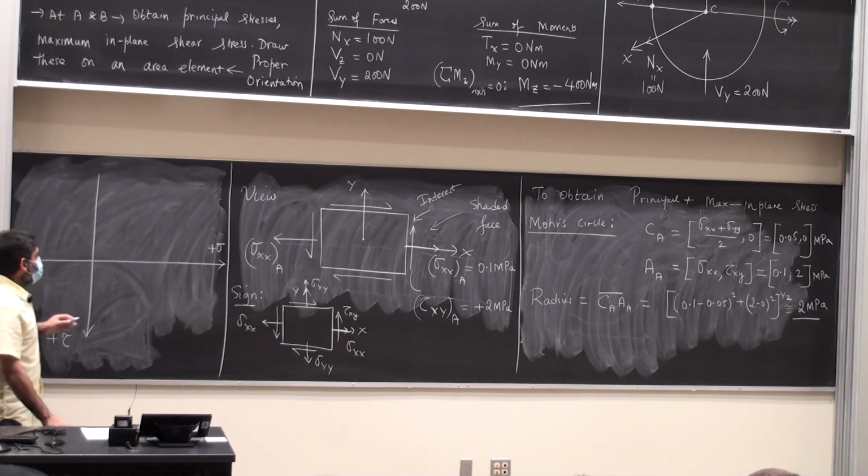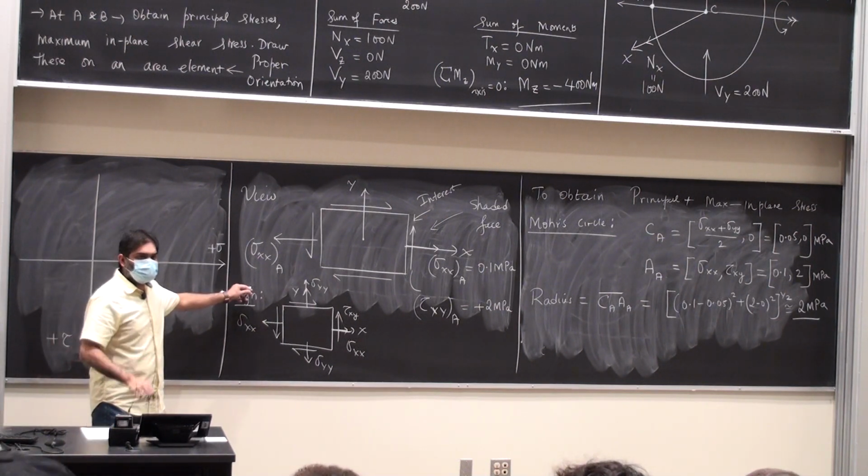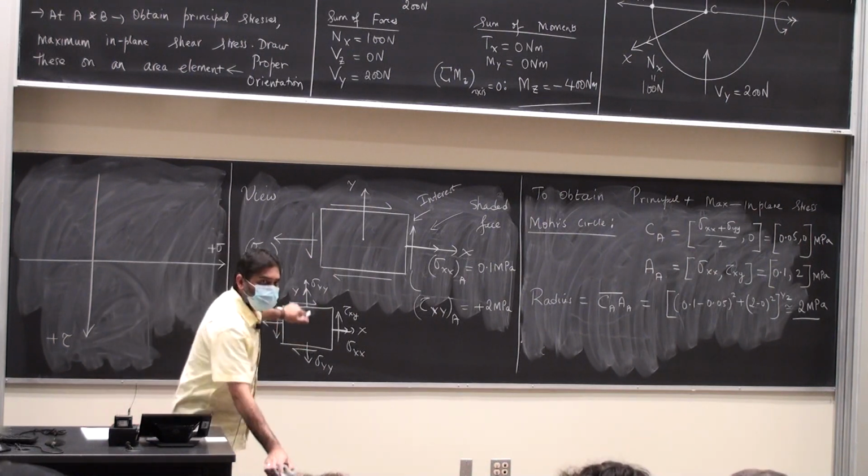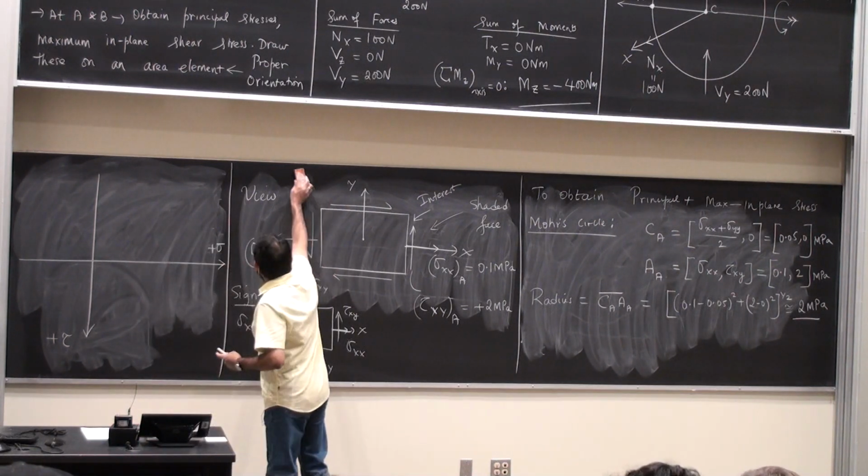If it is okay with everybody, can I draw the Mohr circle here? I'll just clear off the middle panel because it's a little larger space.